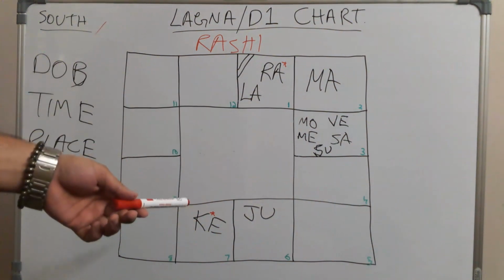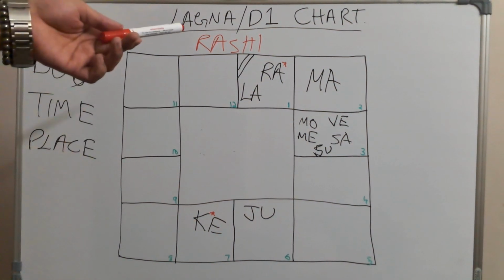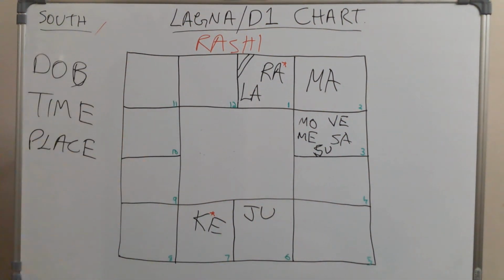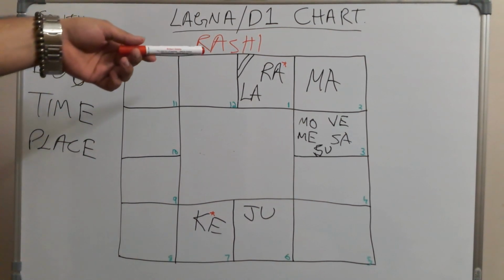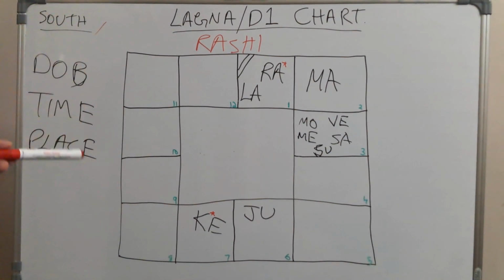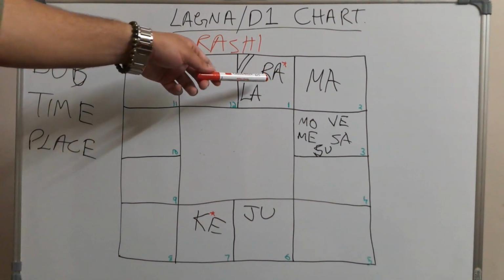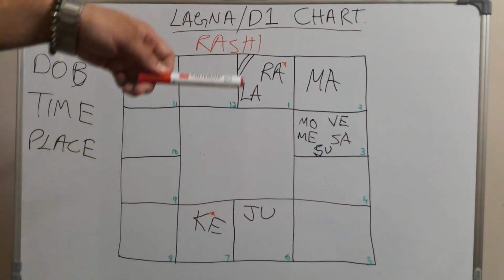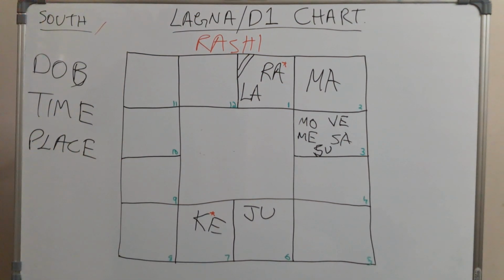The same way we can judge each of the planets based on where they are situated, to understand if they are in a good position or bad position. I'll explain all the 9 planets in the upcoming videos. For now, just use this as an example to understand how a basic chart looks like.